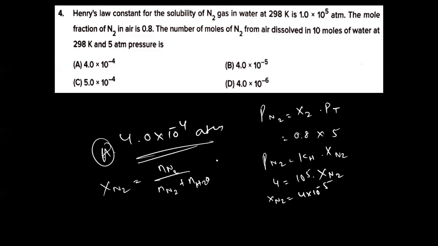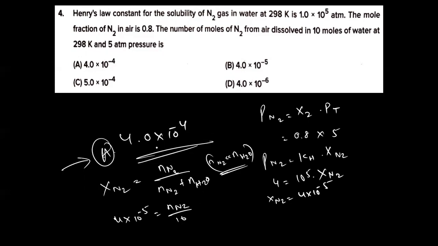So we know that nN2 is negligible compared to number of moles of H2O. Then 4 into 10 power minus 5 which is equal to nN2 divided by 10. So on rearranging you will get the answer 4 into 10 power minus 4. Sorry, it's not atmosphere because here we have calculated number of moles.